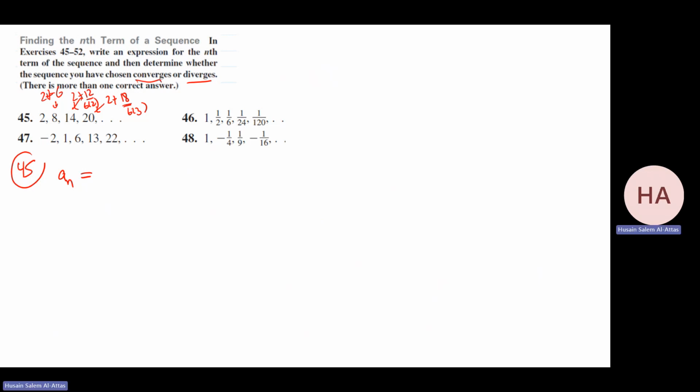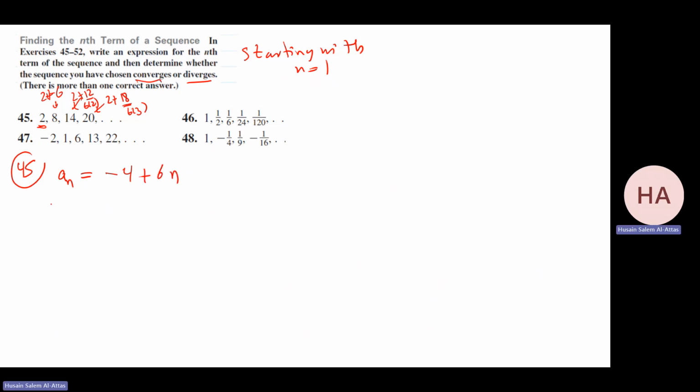I'm starting with n equal 1. So at n equal 1, a_n is what? I need to write it: minus 4 plus 6n.